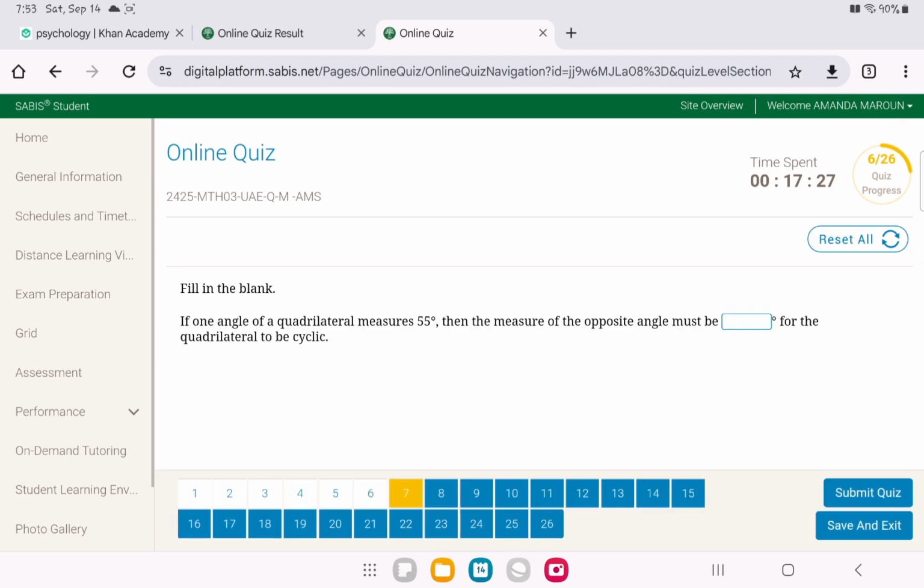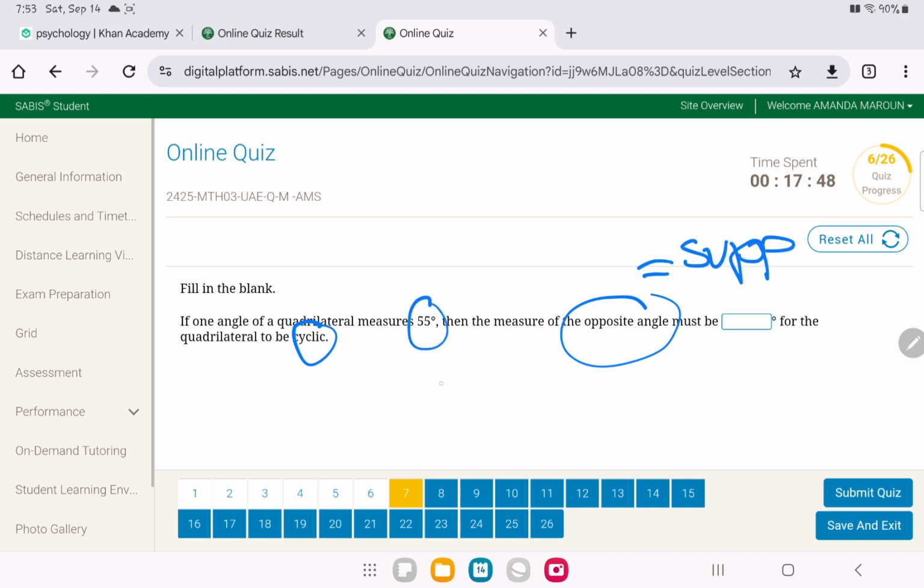Question number 7. If one angle of a quadrilateral measures 55 degrees, then the measure of the opposite angle must be blank for the quadrilateral to be cyclic. As soon as we see cyclic and opposite angles, we know they are supplementary.